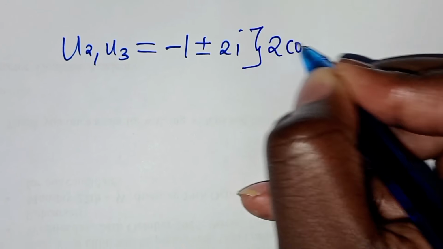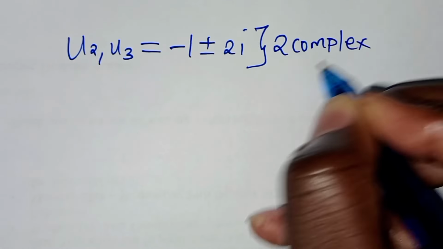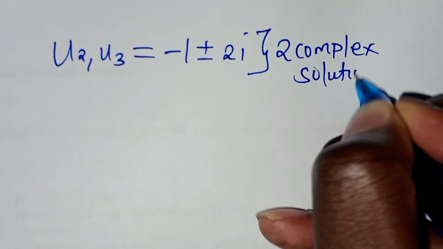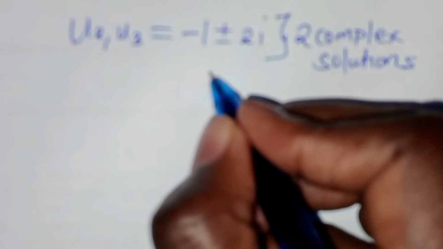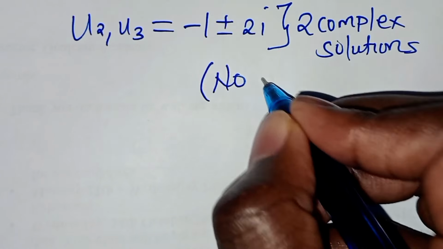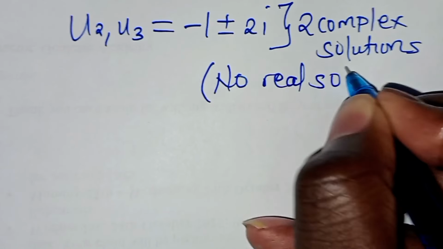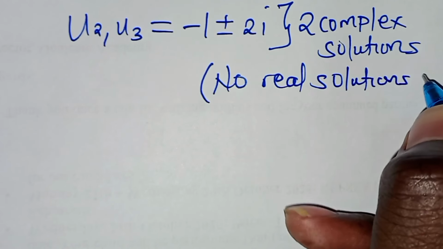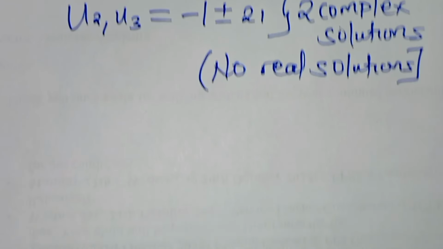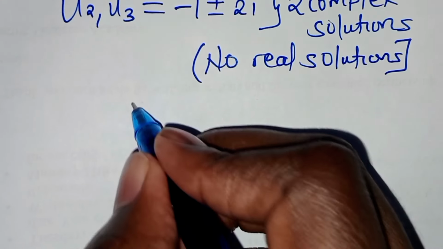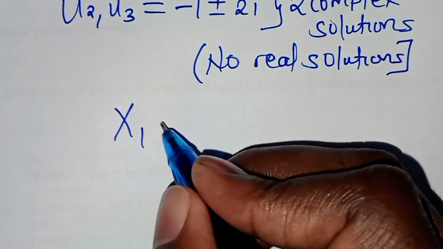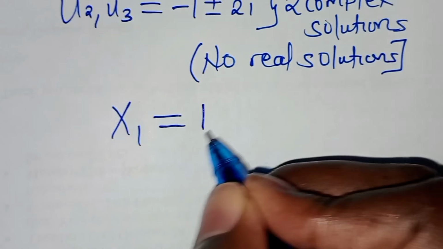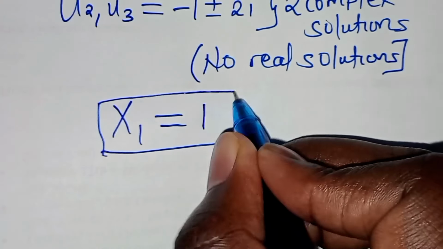These are two complex solutions. And this implies that from this part, there is no real solution. So this implies that we have only one real solution, that is x1, which is equal to 1.